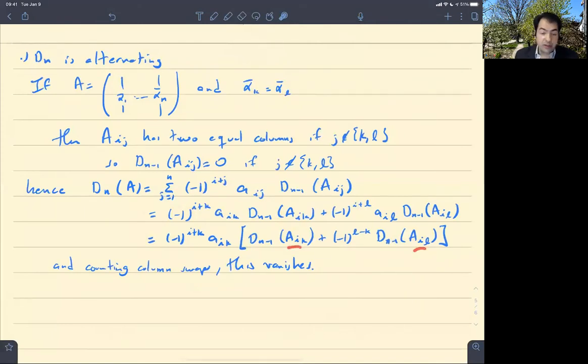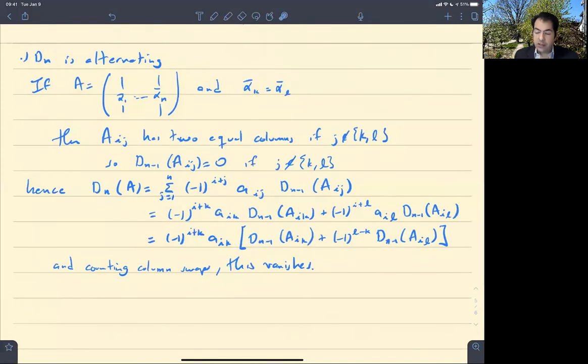This matrix and this matrix have the exact same columns. They just might be in a different order. Now, the alternating property, as we talked about earlier, tells you that if you switch two columns, you only change the function by a sign. So you can think about how you go from this matrix to this matrix by changing the order of the columns, and you'll find that the number of sign changes makes this vanish.